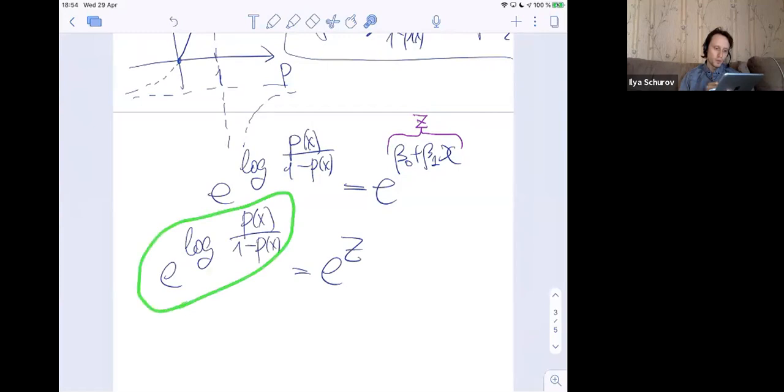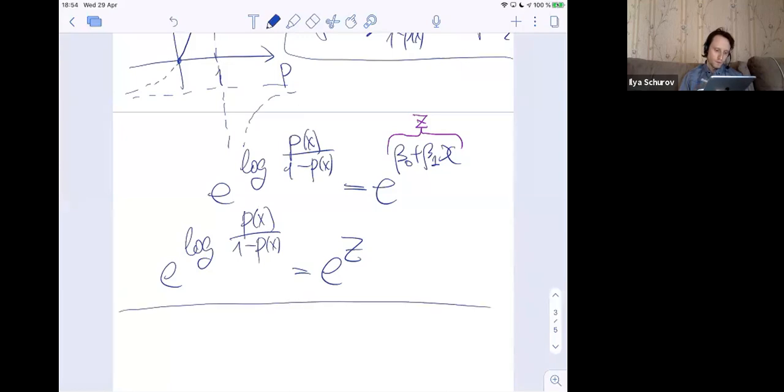What can you say about this thing? This is exponential of logarithm. What is exponential of logarithm of something? For example, how can we find logarithms?